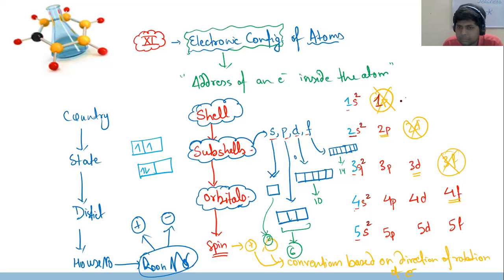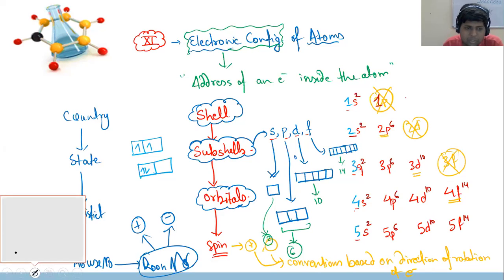Yes. Similarly, the p orbital holds 6 electrons each time. Then d holds 10 each time. And f holds 14 each time. Is everyone understanding?